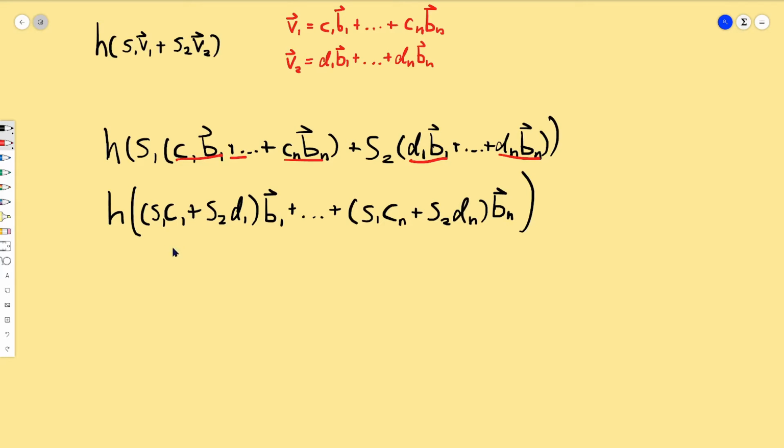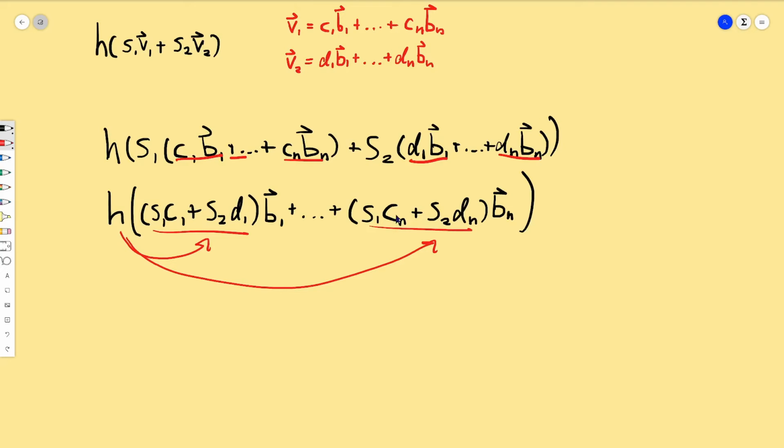And of course, this is now just a linear map applied to a linear combination of these basis vectors, B1 to Bn, so I can distribute the application of H to each B1 to Bn term, and then effectively factor out the constant because scalar multiplication is preserved, and I get (S1 C1 + S2 D1) times H of B1, which is W1, plus etc.